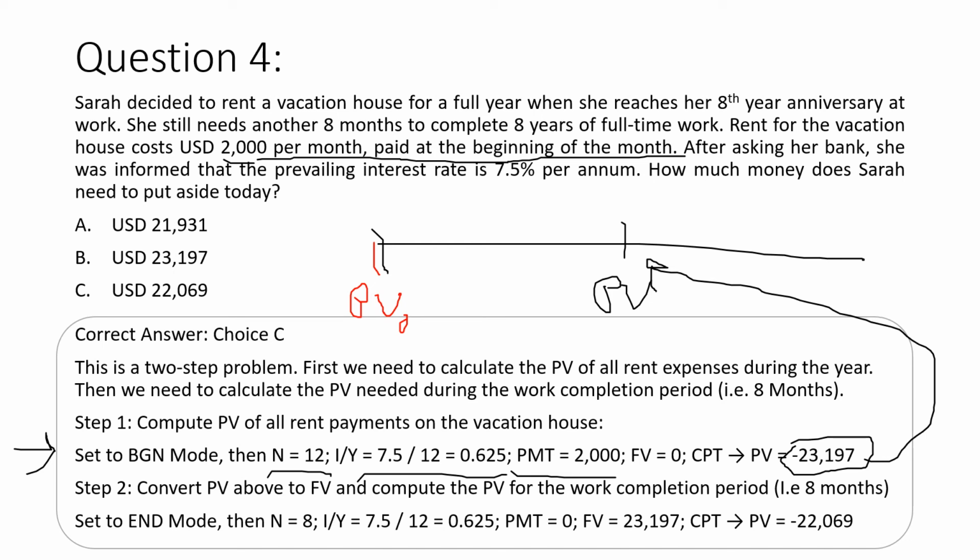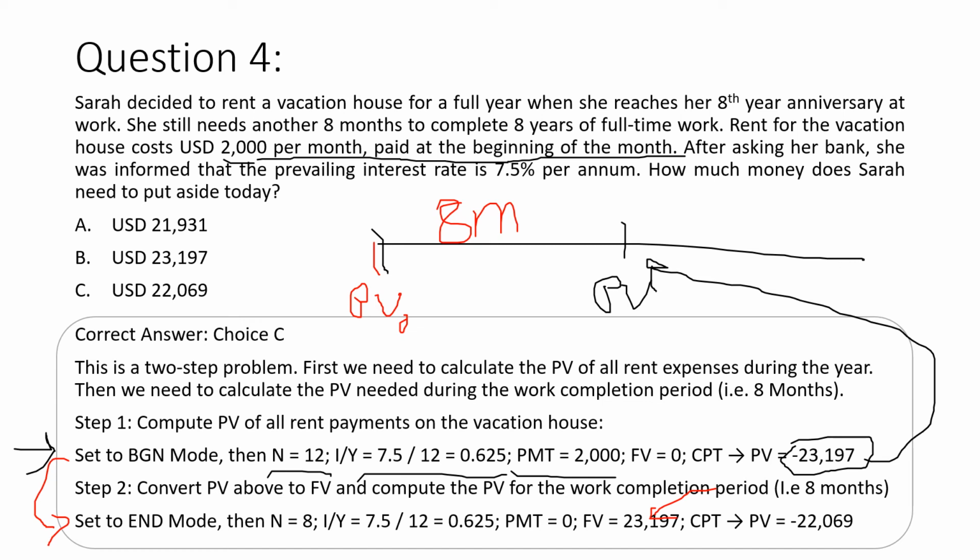So this is where we have to switch our calculators to end mode, and this PV over here would turn to a future value for the second phase, okay, which is an 8-month phase. So the second phase present value is the first phase's future value.